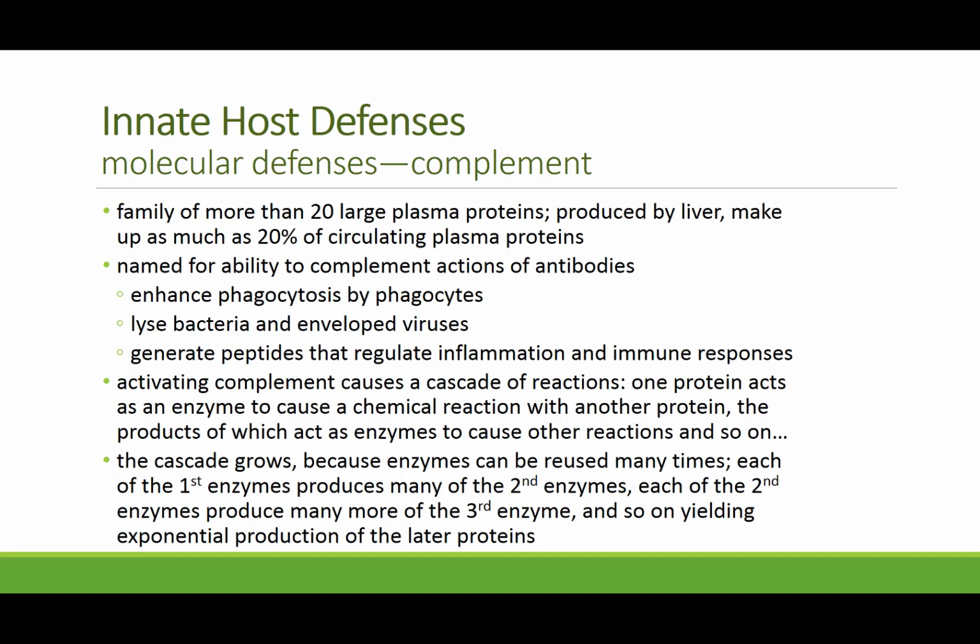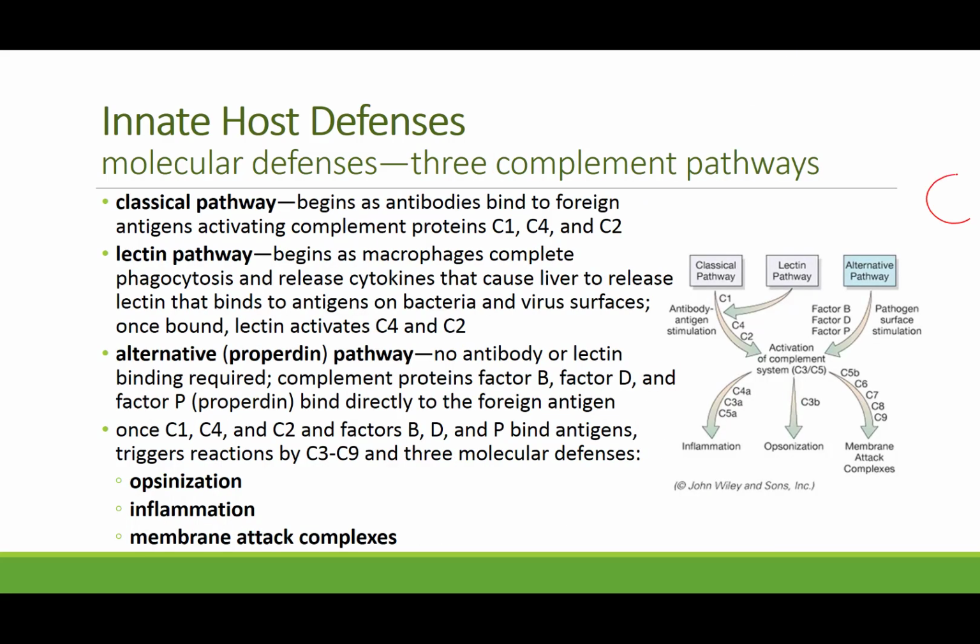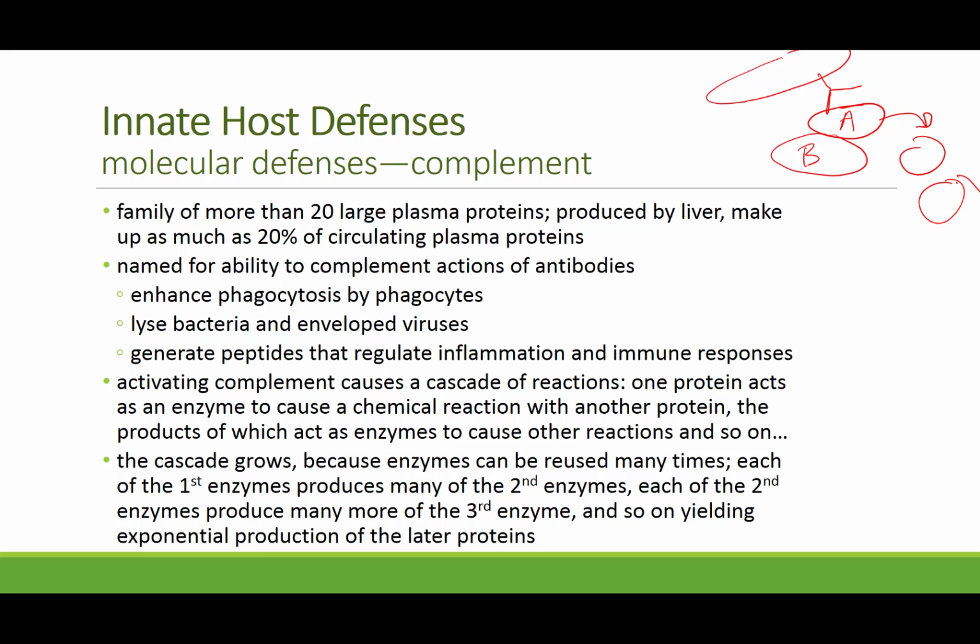So the way that complement works is that it causes what's termed a cascade of chemical reactions. So let's say we have one complement protein and it binds to, so here's a bacteria, here's the antibody, it binds to an antibody. This complement protein now becomes an enzyme, and we'll call this one A. Anytime it stumbles across B, it breaks B apart and creates an active enzyme.